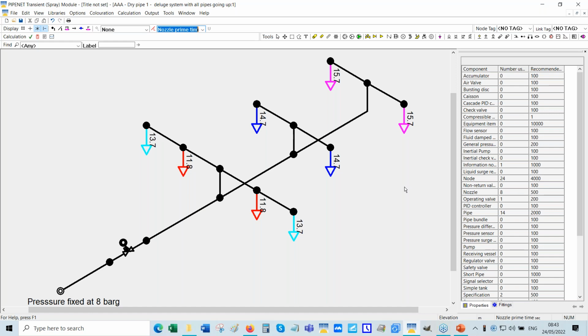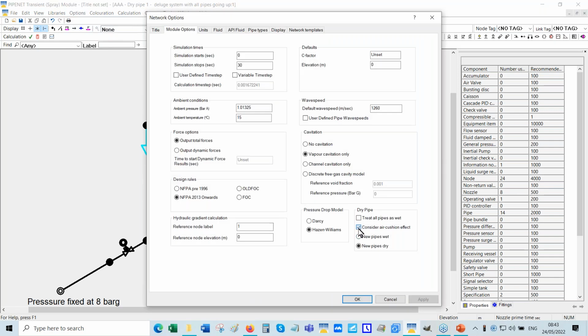Now, let's see what happens if we change the nozzle K factor. In other words, I'm going to put a smaller value for the K factor and see if that makes a difference. So let me switch back to dry pipe 1.